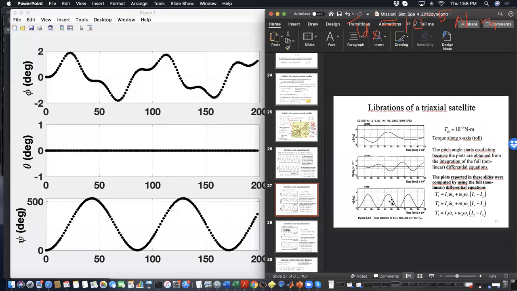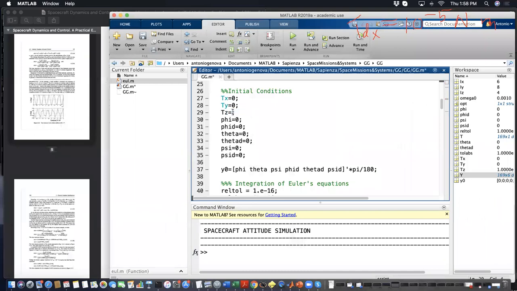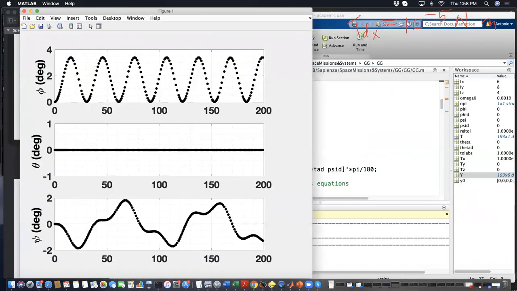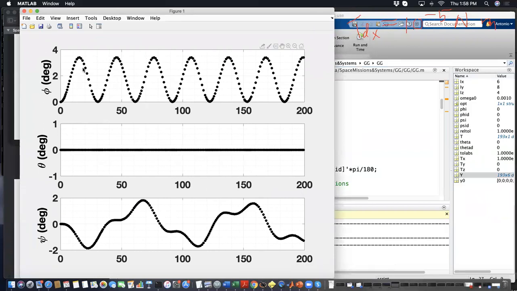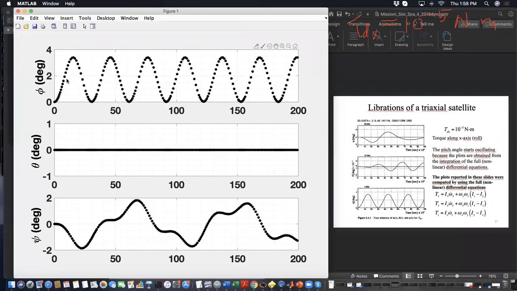Because, for example, in this case, if you have, as we have seen, t dx equal to 10 to the minus 5, you can accept, for example, an error of 2 to 4 degrees in the roll axis. But in reality, you want to have something that is closer to 0.